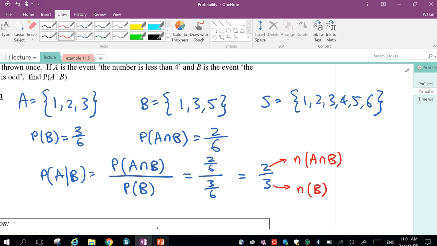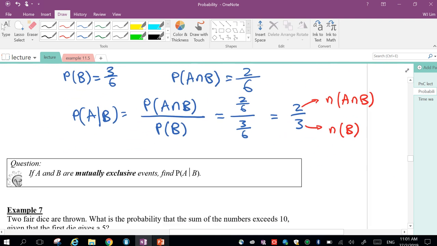The other way, you can find the number of elements in A intersect B: 1 and 3, only 2 elements. The number of elements in B, there are only 3: 1, 3, 5. Is that clear? So 2 ways. Normally, applying the formula is the best. You won't go wrong in that manner.